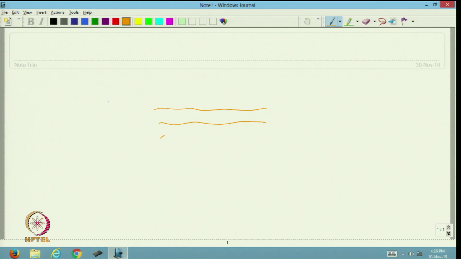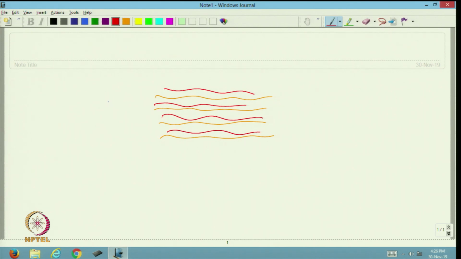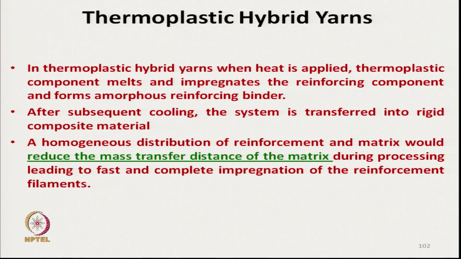Suppose we have reinforcing fibers mixed with fibers for matrix. These are matrix fibers and reinforcement fibers. So, this hybrid yarn is a blend of both reinforcing fiber component and the matrix component, and they are flexible.